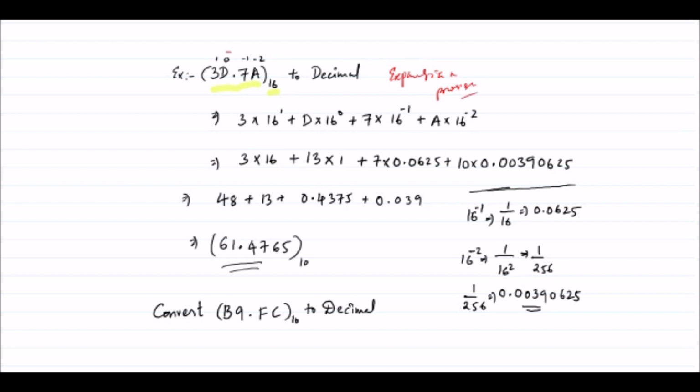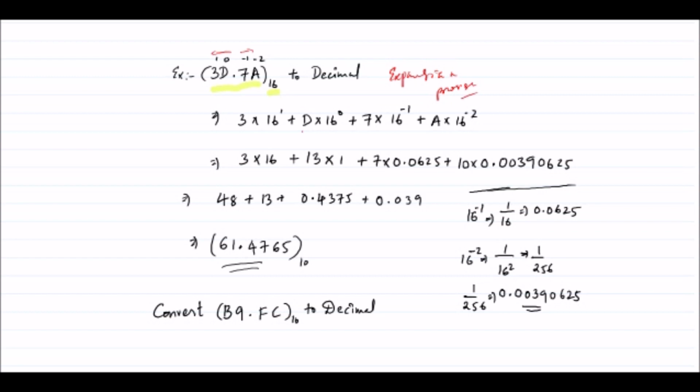As you can see, I have written the power values starting before the decimal point, where the value goes 0, 1, 2, 3, and for fractional values, the powers will be -1, -2, -3, and so on.